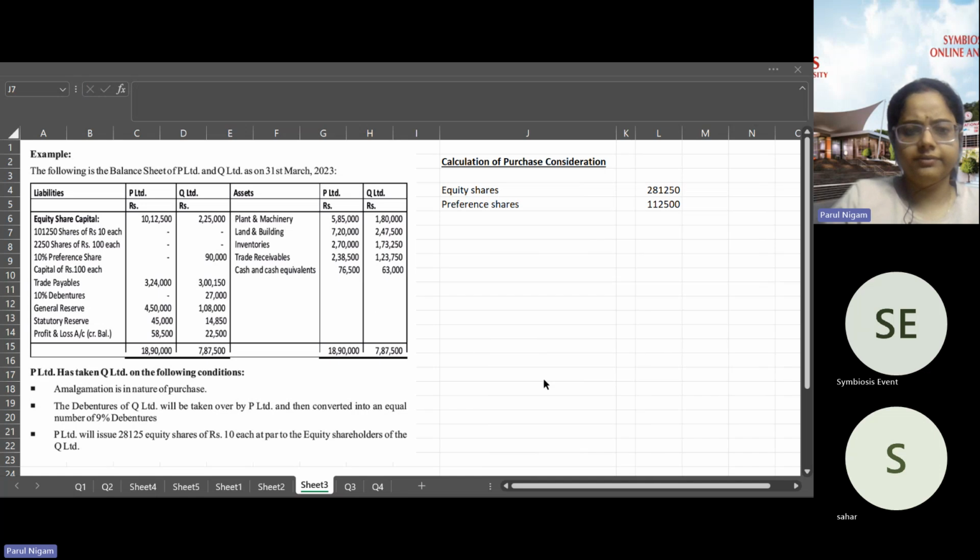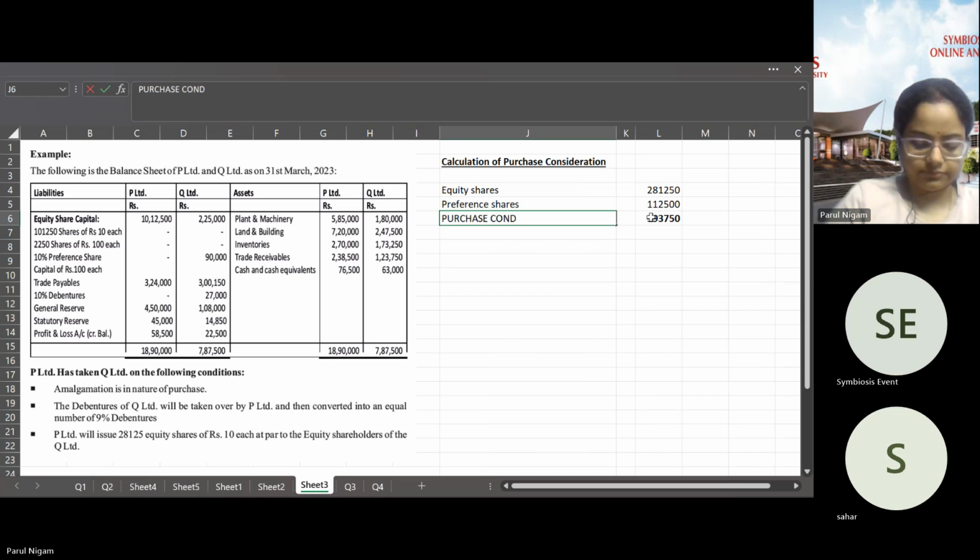After that, we are going to take a total. So this is basically your purchase consideration: 3,93,750 rupees.